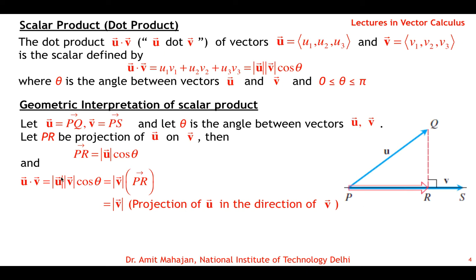So the dot product, or scalar dot product, of u and v is the magnitude of one of the vectors times the projection of the other vector in the direction of the first vector.